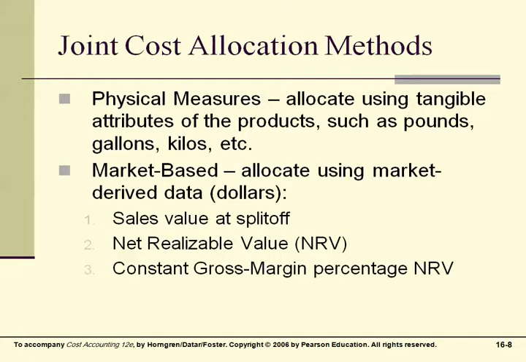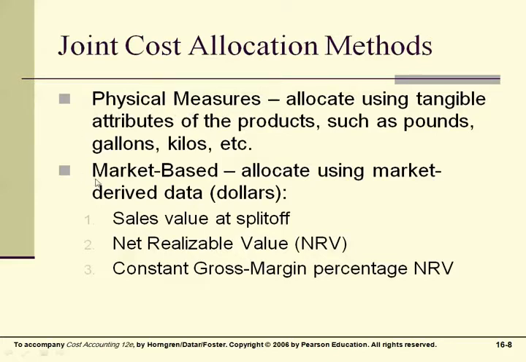So, our cost allocation methods are generally divided into two approaches. First, we call it the production approach, which depends on physical measures of our products.